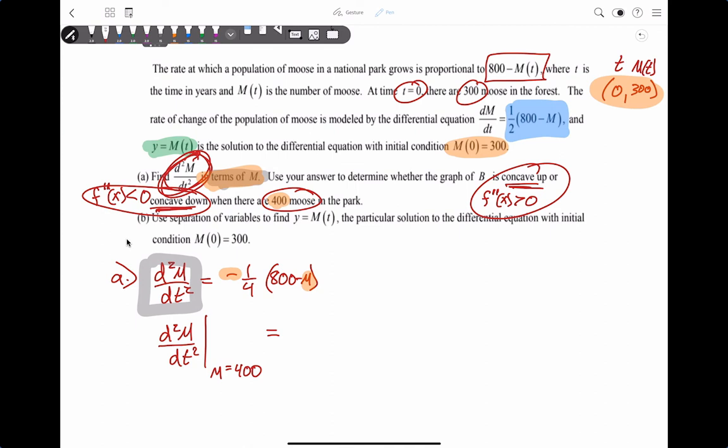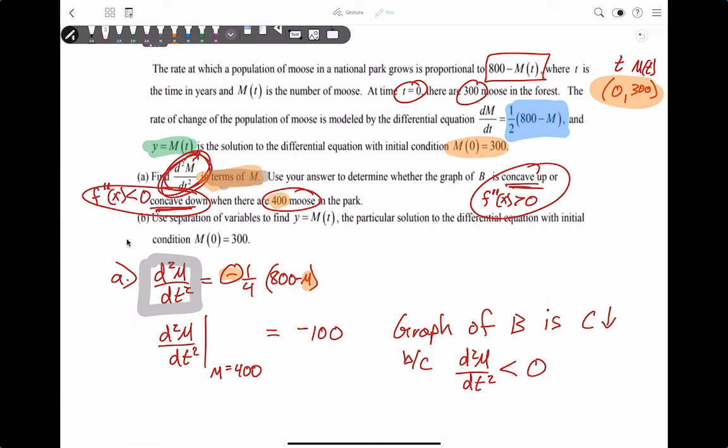Times 1/4 is 100. Times this negative is a negative 100. Okay? So we're going to say that the graph of m is concave down. And that's because the second derivative is negative. And remember, whenever it's negative, it would be concave down.